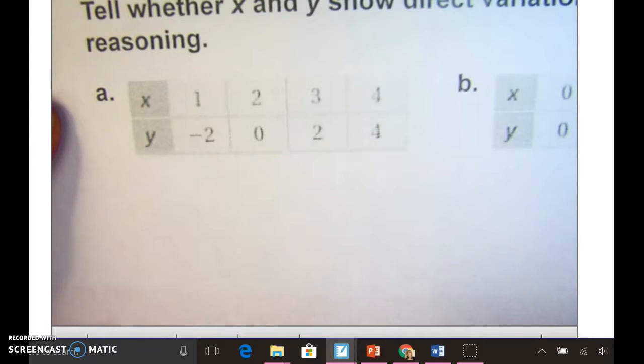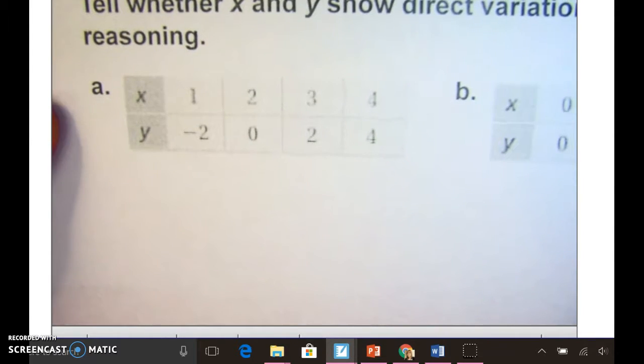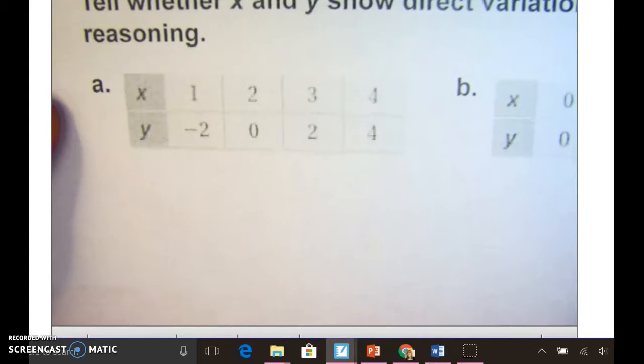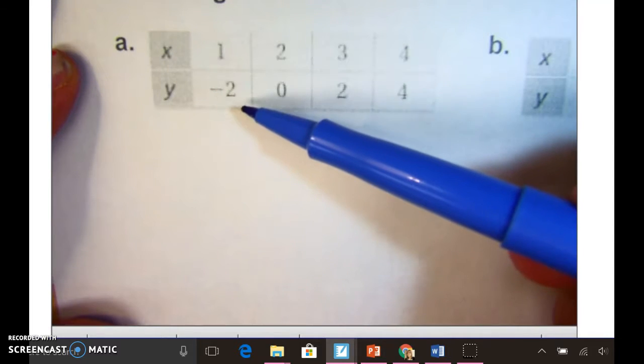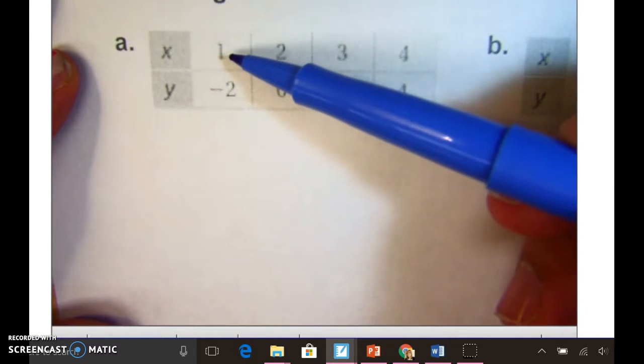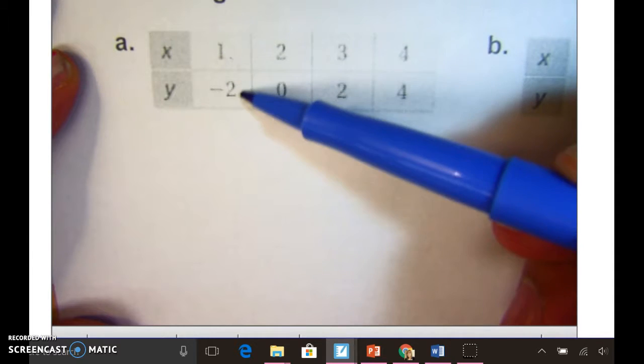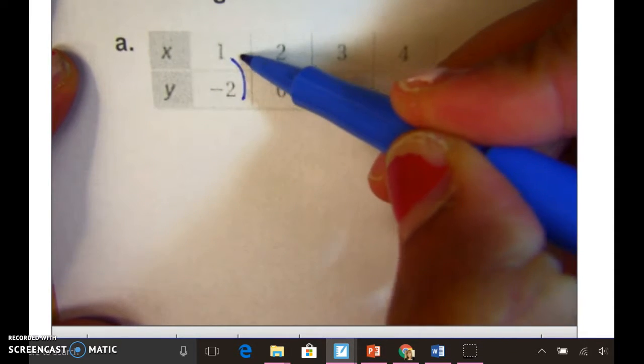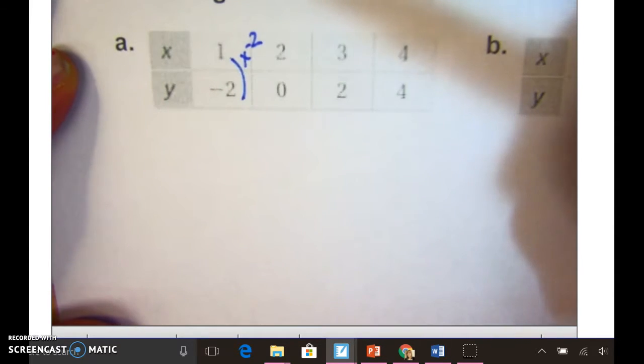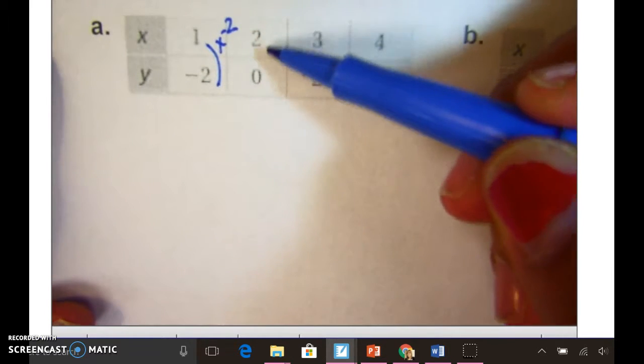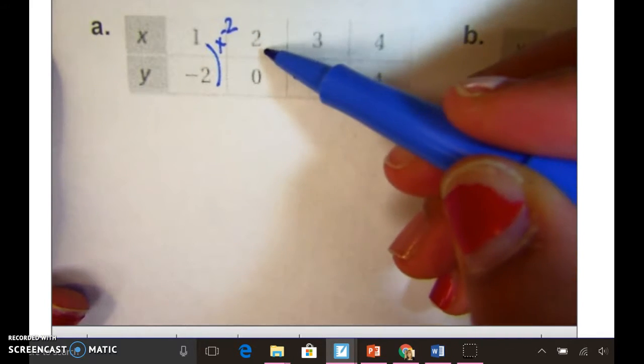So now we're going to look at it in a table. In a table, can you tell if there's direct variation? Well, I'm looking to see if there's a relationship between x and y that's the same each time. So what can I do to x to get y here? Well, I can do 1 times negative 2. What about here? What could I do to 2 to get 0? Well, that would be 2 times 0.